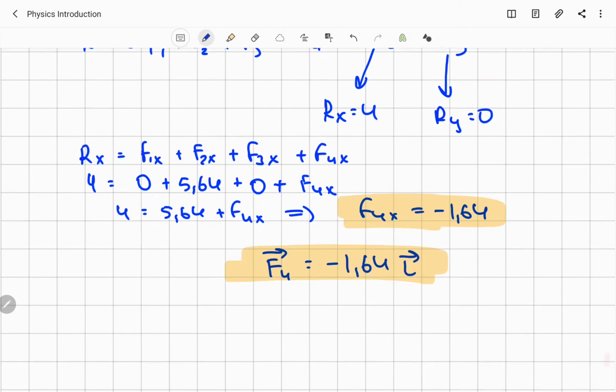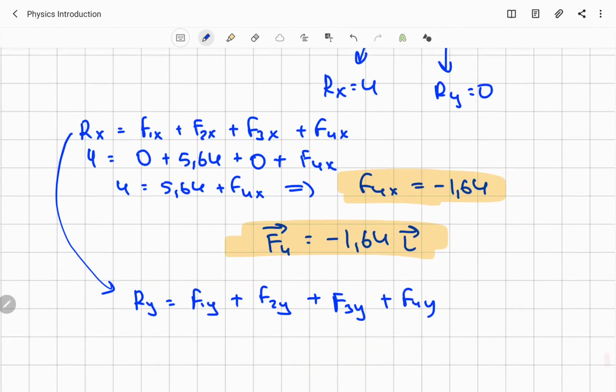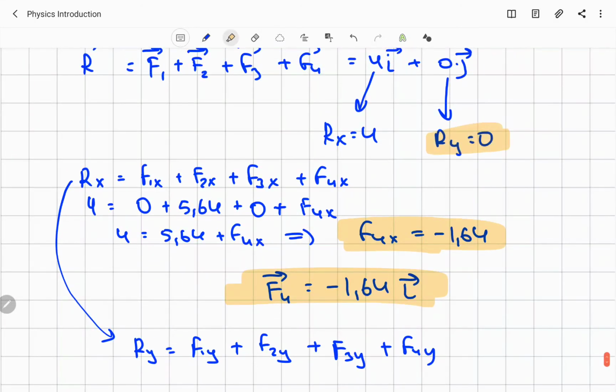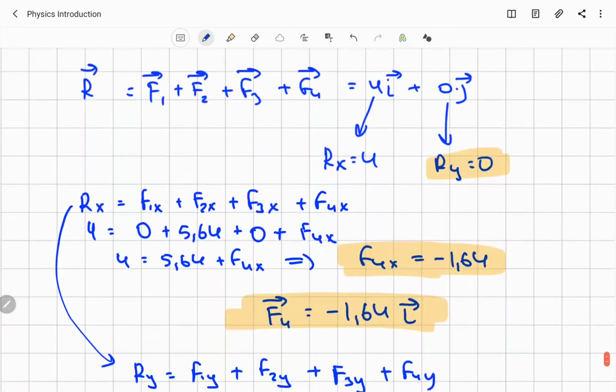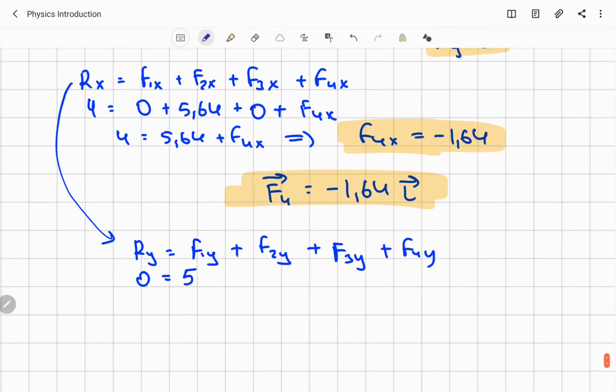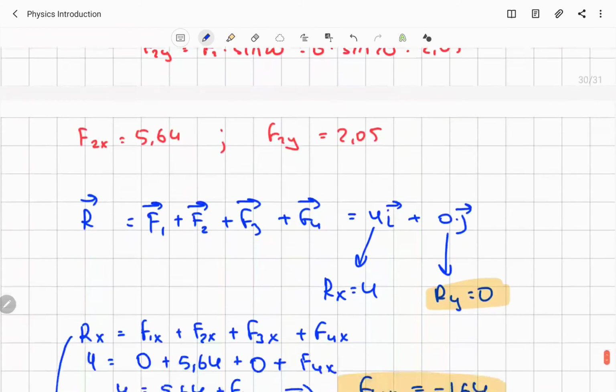Now let's write the similar equation for the y direction. So ry equals f1y plus f2y plus f3y plus f4y. The y component, as you know, equals 0 here. So 0 equals, what is f1y? f1y is negative, because of the downward direction.